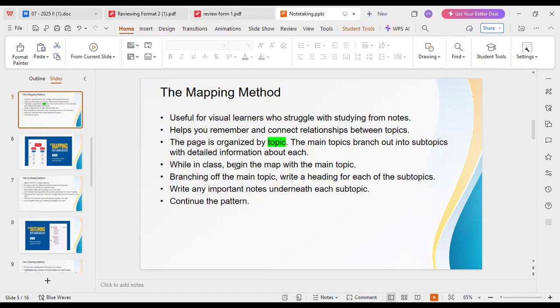I have included the same ideas here, though not in the same words that I used to explain verbally: beginning with the main topic, branching off, titling the subtopics, and continuing the pattern.